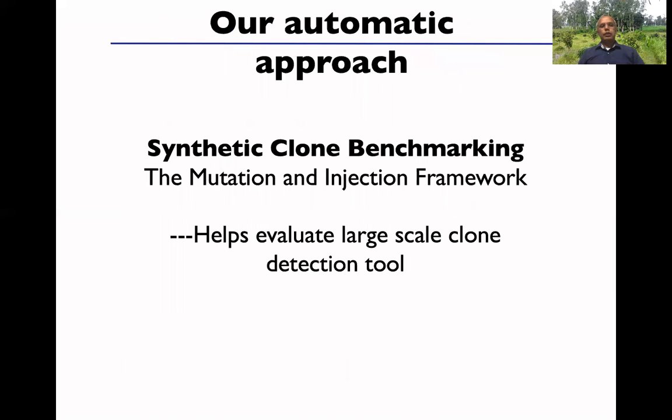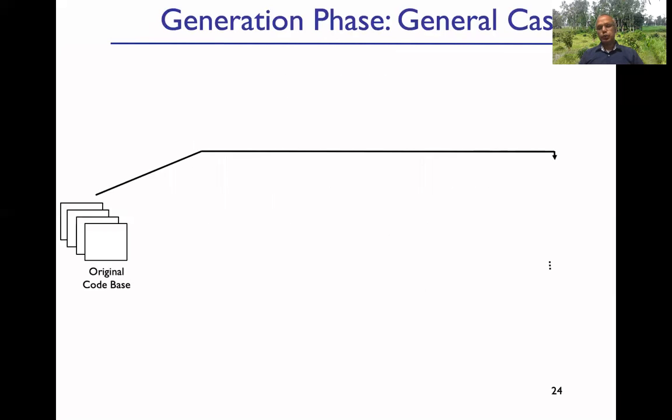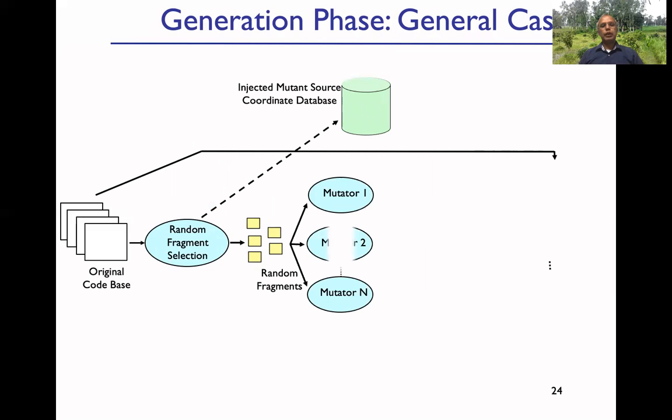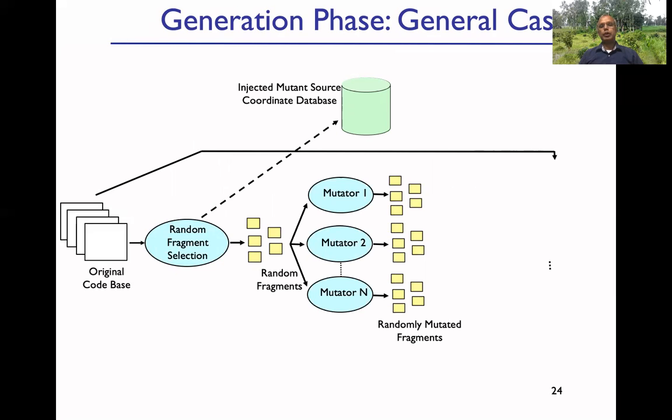So that's why we tried an automatic approach, like synthetic clone benchmarking. We call it a mutation injection based framework. We have an original code base, and we randomly pick some code fragments and randomly modify them based on some mutation operators.